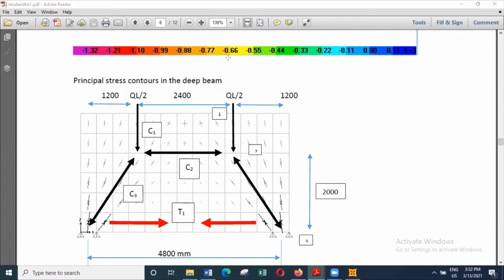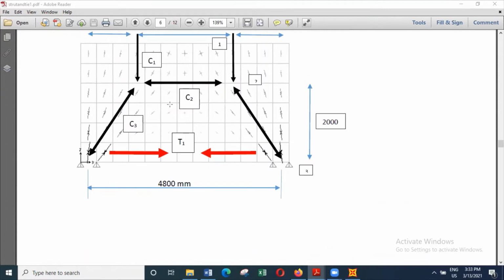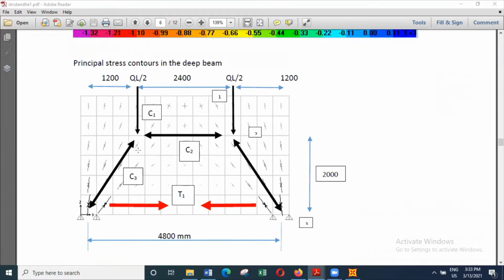Okay. Right. So we'll now see how this model can be checked. The first thing is to find the values of C1, and C1 will be equal to QL divided by 2. Before that, we'll see how to find this angle theta.